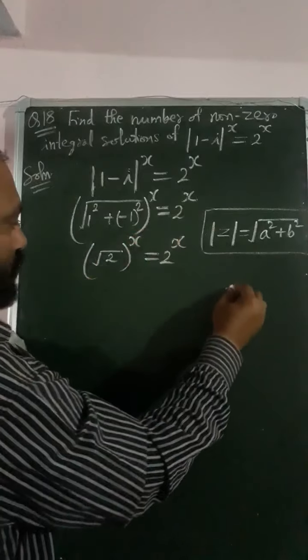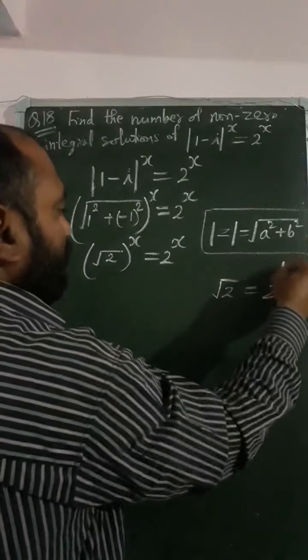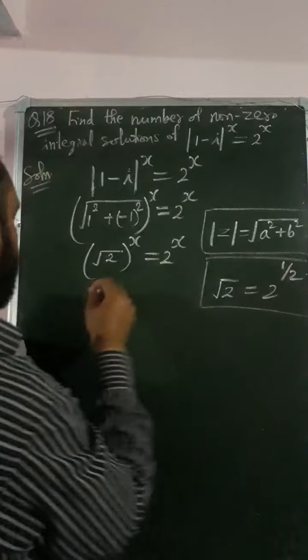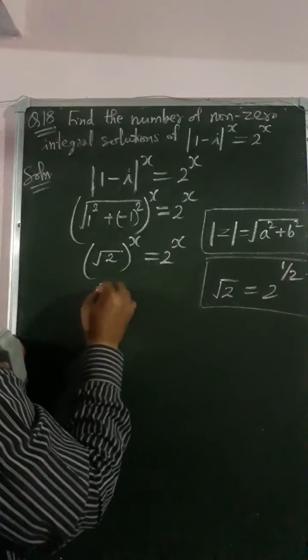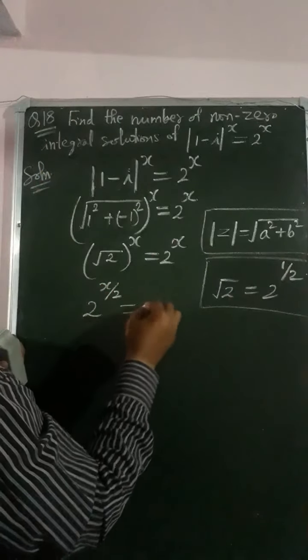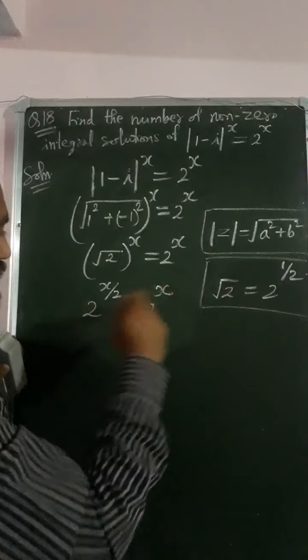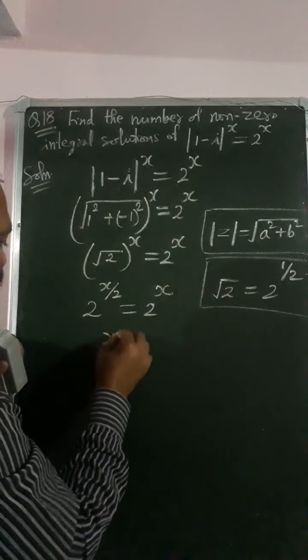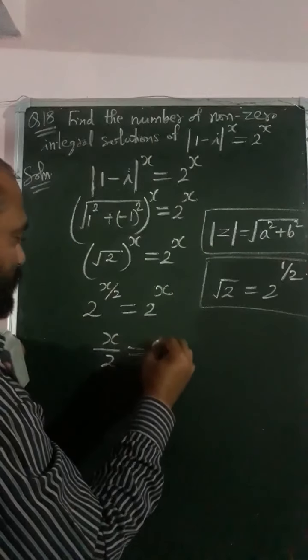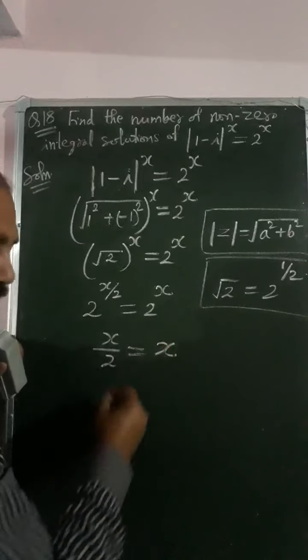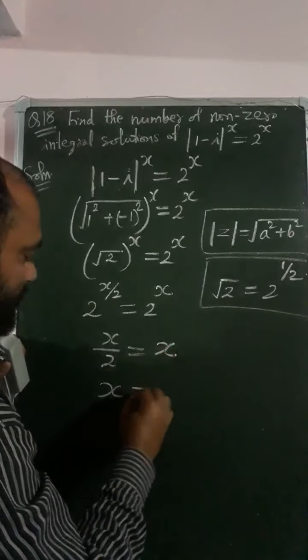As you know, root 2 can be written as 2 power 1 by 2. So we can write this as 2 power x by 2 is equal to 2 raised to power x. As the bases are same, the powers should be same. So we have x by 2 is equal to x. By cross multiplying, we have x is equal to 2x.